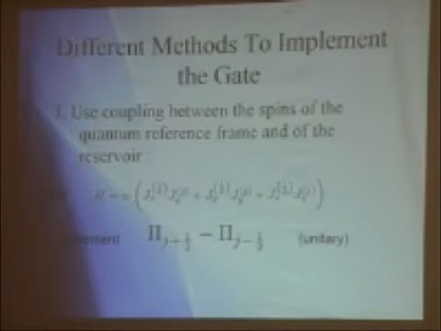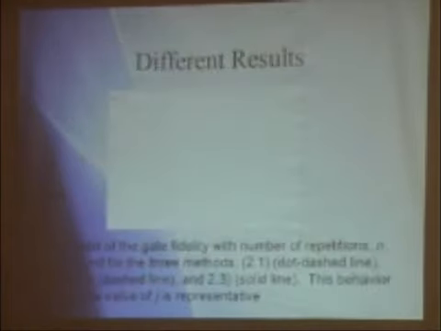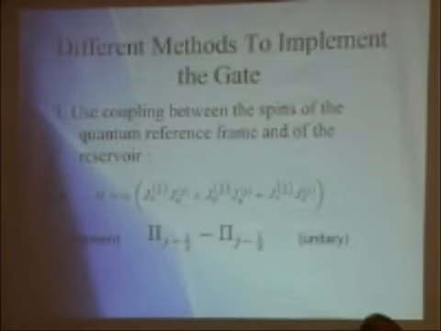For those who understood this expression, this pretty much looks like a phase gate, just in a larger space. I didn't put all the equations in these slides, but this defines your map chi, a unitary that you implement.